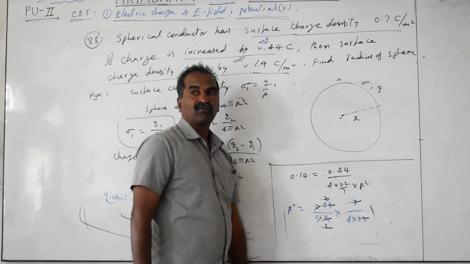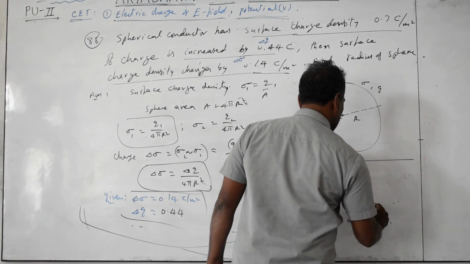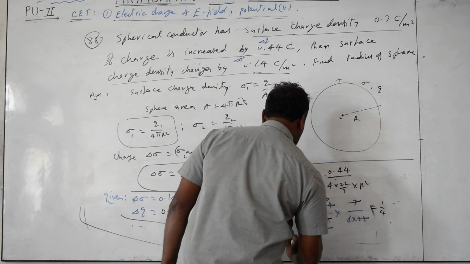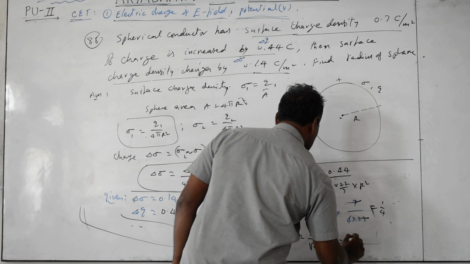Left out is r square equal to 1 by 4. So r is equal to 1 by root 4, which is 1 by 2, which is 0.5.